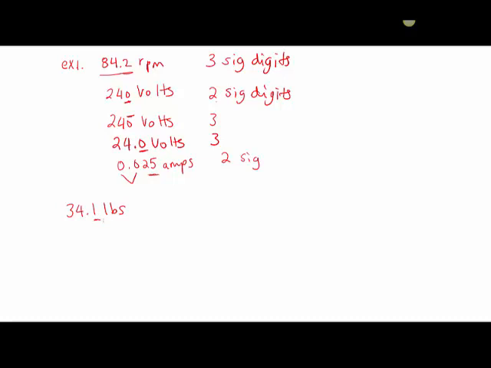So it's precise to the nearest tenth, because look, it's after the decimal, tenth of a pound. And it's accurate to what? 3 significant digits. Because there are 3 digits. 1, 2, 3. Okay?